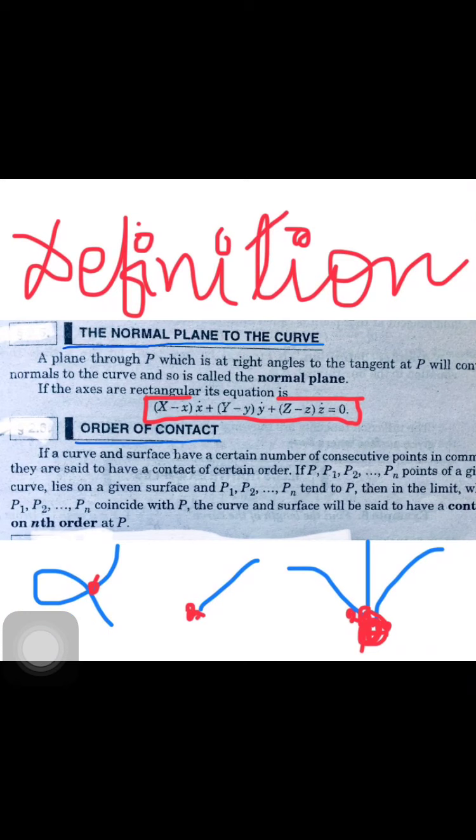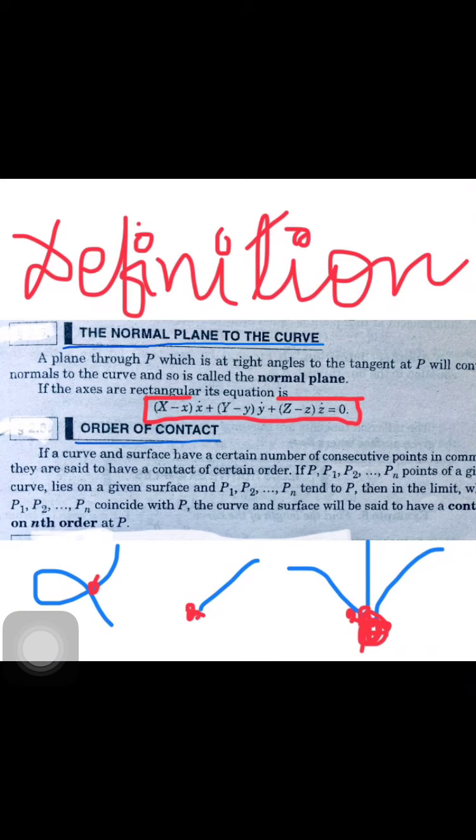Similarly, from a point many lines may pass, so we can go up to n-order contact, may be finite, may be infinite. So here we define the order of contact by giving a simple idea through the diagrams.